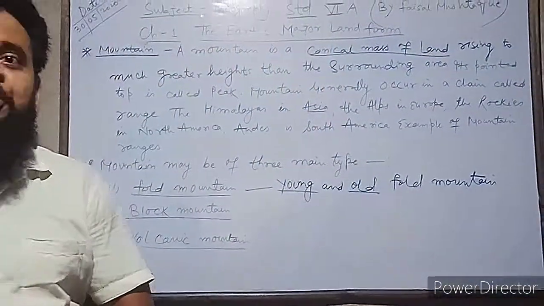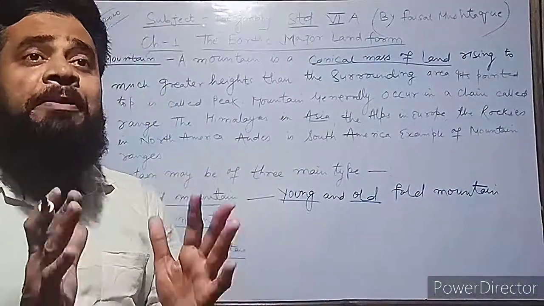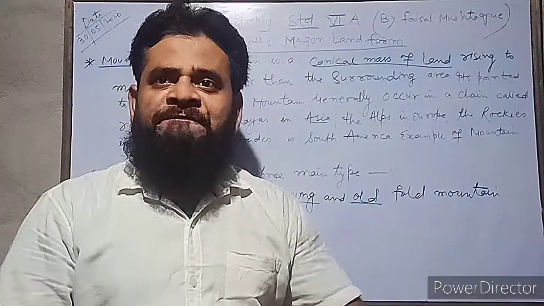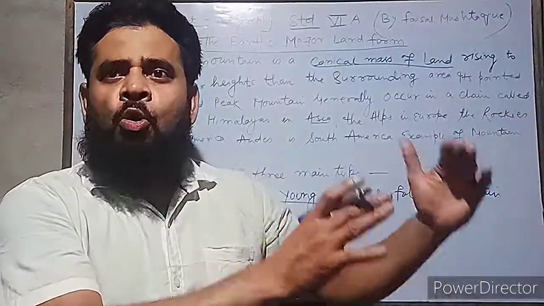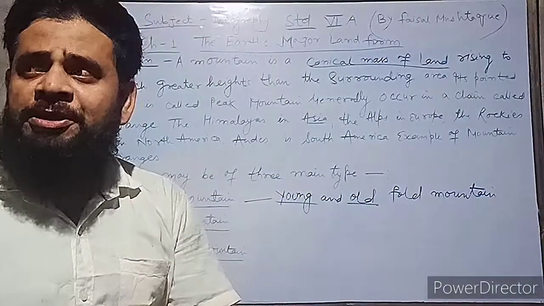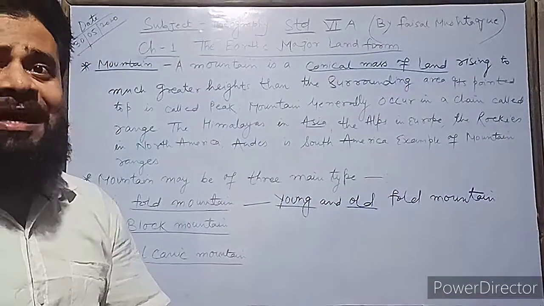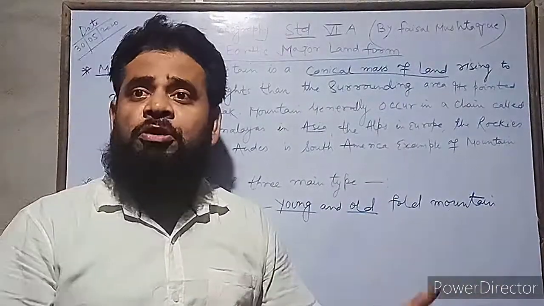Young fold mountains are mountains that are less than about 100 million years old, whereas old fold mountains are more than 500 million years old. So young fold mountains are younger in age in comparison to the old fold mountains.